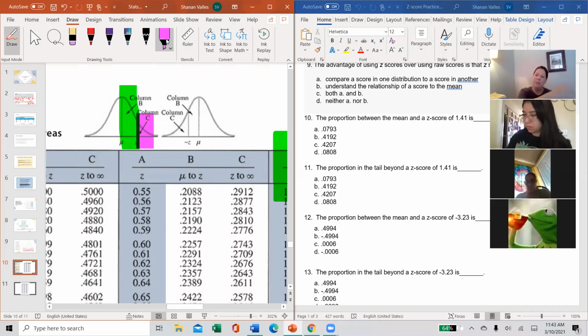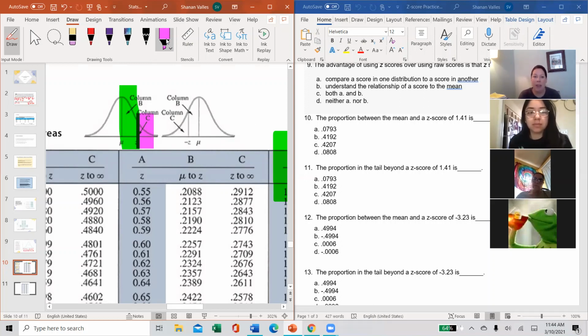For a negative, in the negative, B column is still telling us that same proportion. It's telling us from the mean to a z. We can't forget everybody that's below the mean. They matter too.